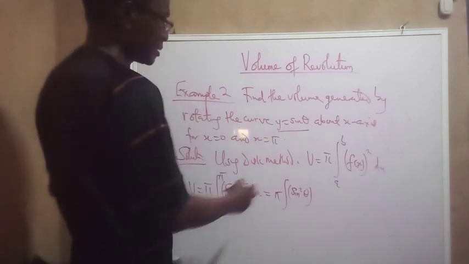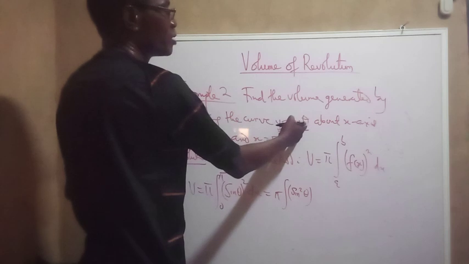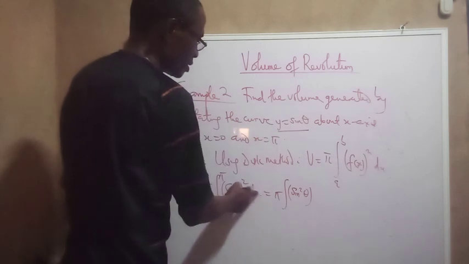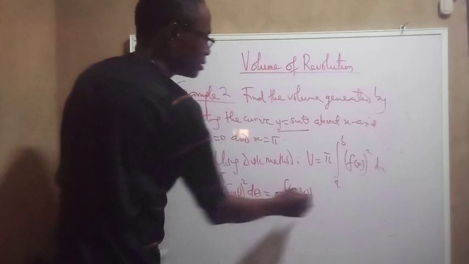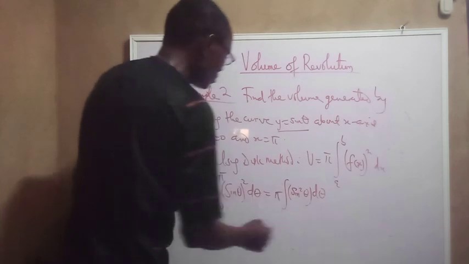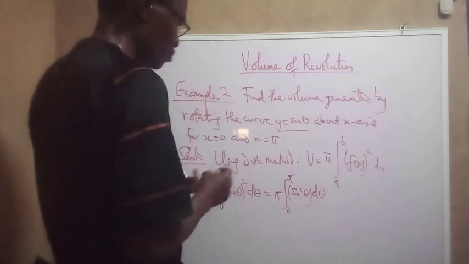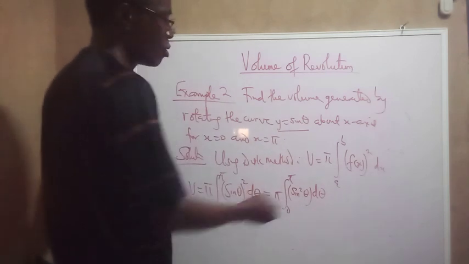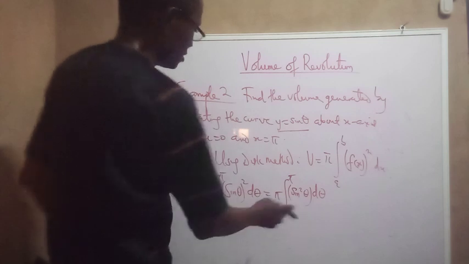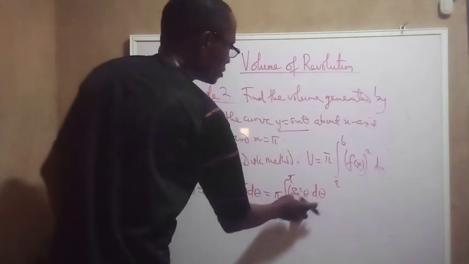But remember, since the variable is in form of theta, this one will not be dx again, it will be d theta. Okay, so the theta, you have 0 to pi. So now very invariably, you can open this up anyway.